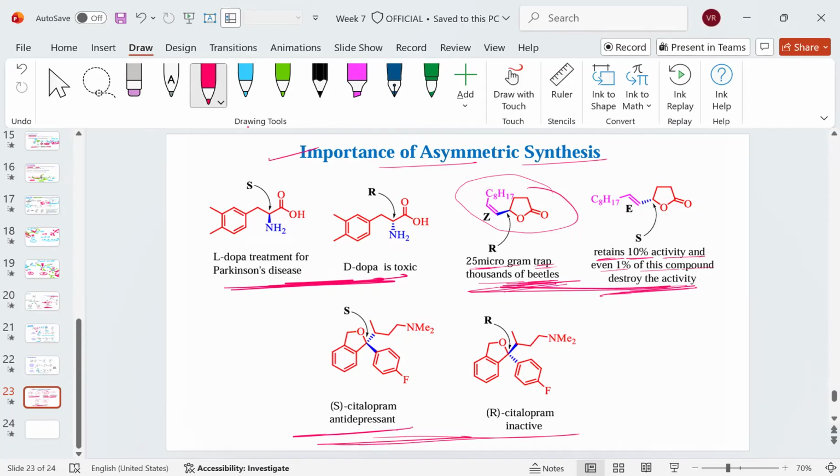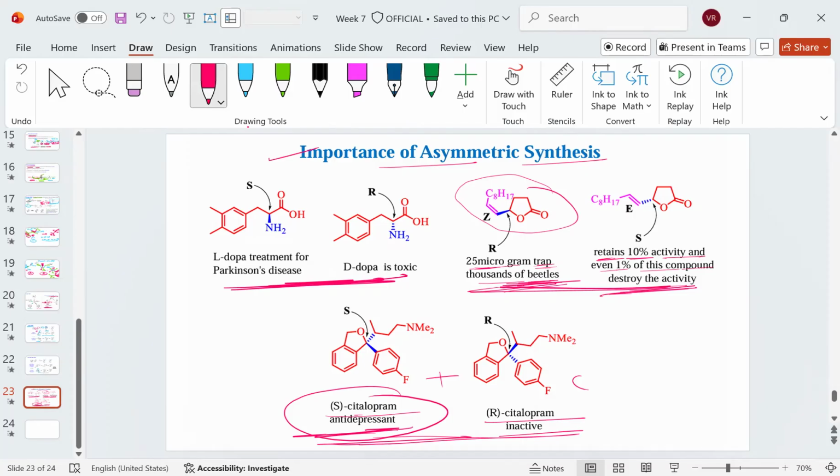So this is the third example, S-citalopram. This citalopram is the antidepressant, but R-citalopram is inactive. It doesn't have any reported toxicity in our body, but only S-citalopram is useful.